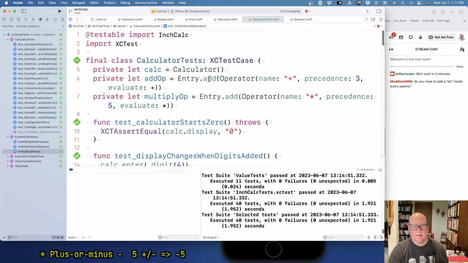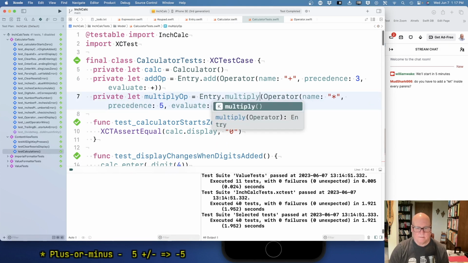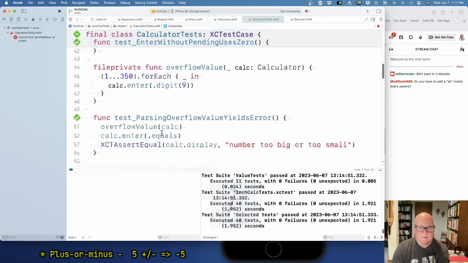Entry.add. Well, that should be multiply. Okay.